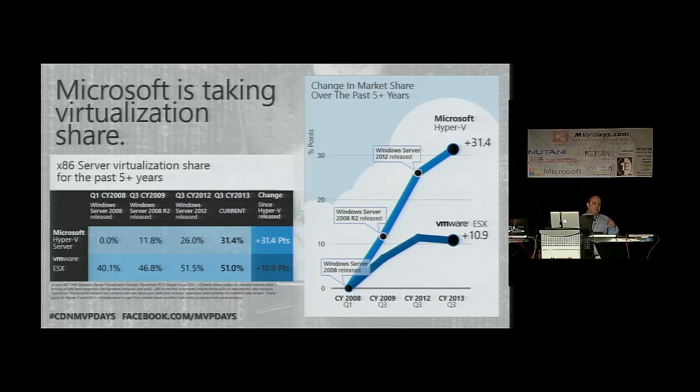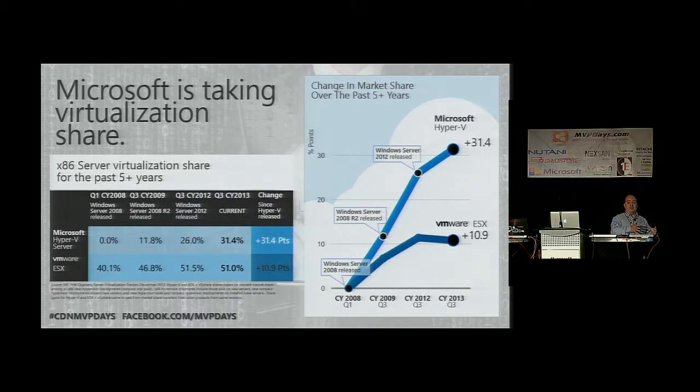I'm seeing this with the clients and customers that I'm visiting, and every time I see more and more usage of Hyper-V. It started with development environments because it was free at that time. VMware already has a free version, but the capabilities of both, if we compare, are a drastic, ginormous difference.